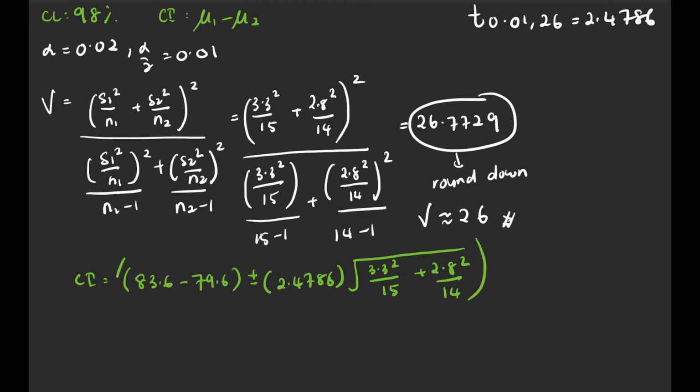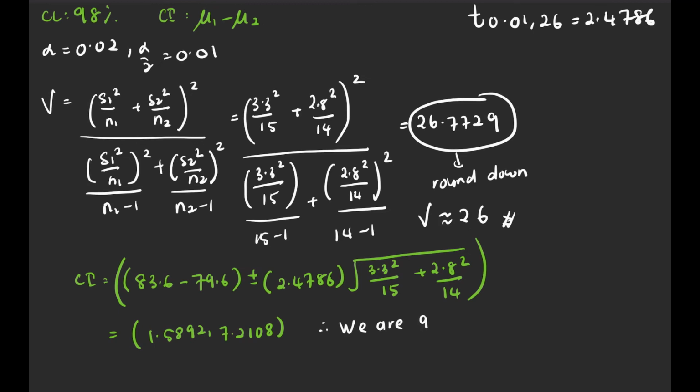Okay, so you solve it, you will get the lower boundary is 1.5892 and the upper boundary is 7.2108. Okay, so don't forget you have to interpret.